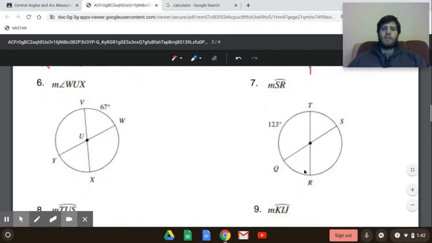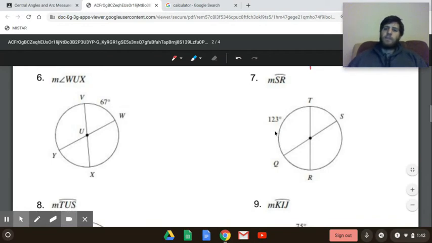Okay, 6 and 7, same thing. Again, you have semicircles. You got to do 180 minus 67, 180 minus 123, and then you can find the pieces that you're missing. Okay, vertical angles, right? So 123 here, we know that this arc, this angle here, is 123.